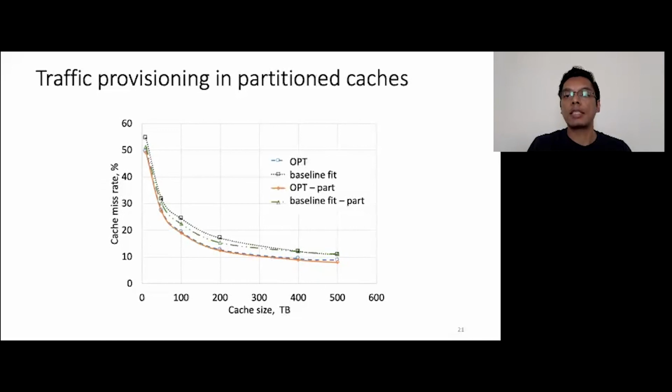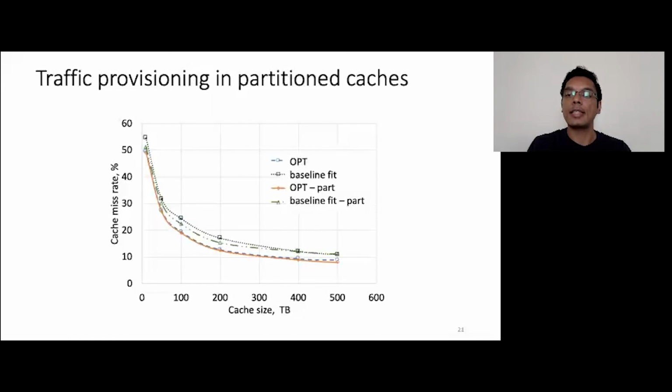One, as expected, baseline fit part is better than baseline fit for a shared cache. This is because, given an assignment of traffic classes, it is known that a partition cache is always at least as good as a shared cache, if not better. And two, the opt for a partition cache is very close to the opt for a shared cache.